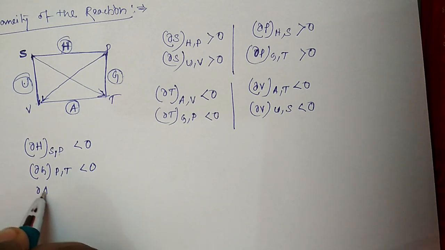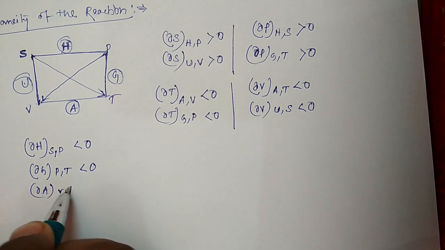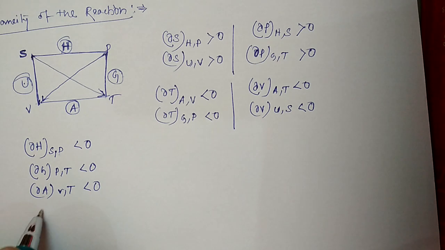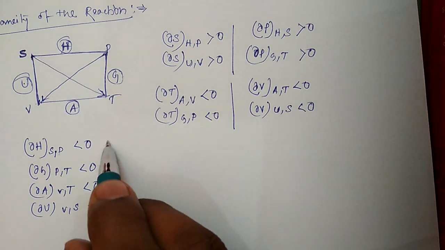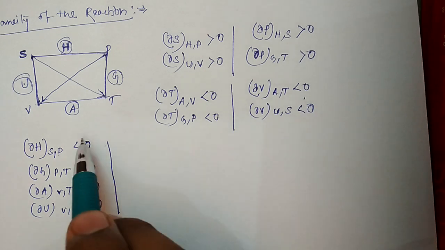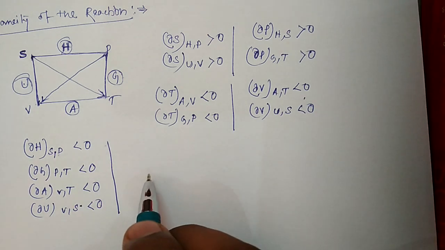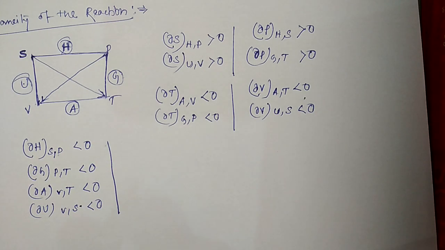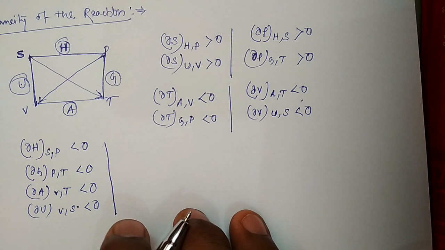Again del A at constant P and T is also negative. And del U at constant P and S is also negative. So these 12 are the conditions for spontaneity of thermodynamic reactions.